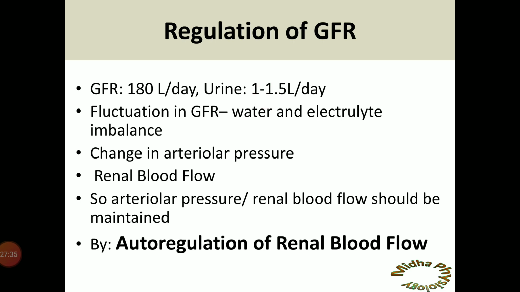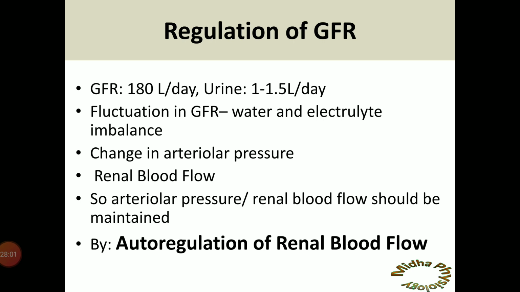So the fluctuation in the GFR is going to cause water and electrolyte imbalance, and this fluctuation in the glomerular filtration rate occurs whenever there is a change in the arterial pressure or in the renal blood flow, because we came to know that the GFR is dependent upon the renal blood flow. It is a flow limited process.